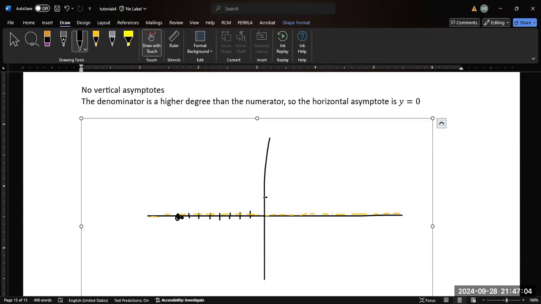So we know we have to go through that point. And then on either side of these, we have to approach the horizontal asymptote. So what that tells me is that on this side of the graph, it may or may not still be increasing at this point, but it can't really do much else except eventually go down to the asymptote.